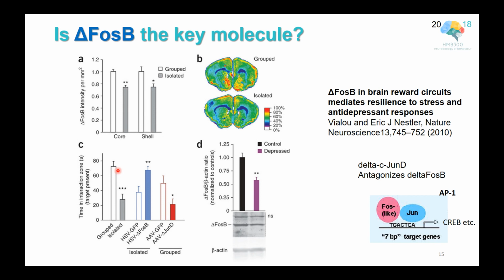If we look at the socially isolated mice behaviorally, so we're not looking at the staining intensity like at the top, in grouped mice, which are normal, happy, not depressed, versus isolated, one of the things we'll see is that if we provide a playmate, another mouse, and see how long they interact with each other, the socially isolated mouse that's depressed, that has a decrease in delta FOSB, just doesn't interact with the other mouse. It just doesn't want to be socially there.